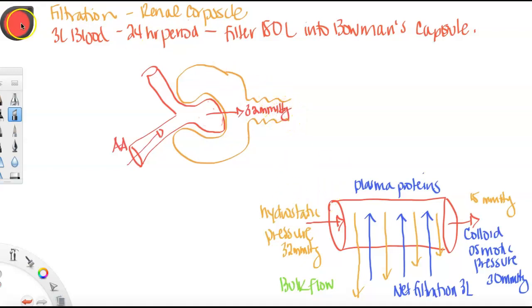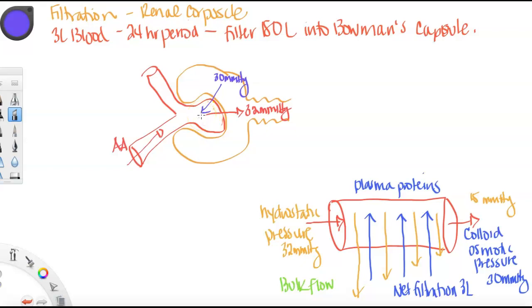Again, this is just blood, so we also have a colloid osmotic pressure of 30 millimeters of mercury going in the opposite direction. Now the 32 doesn't really reduce because these capillaries are not in a long line.